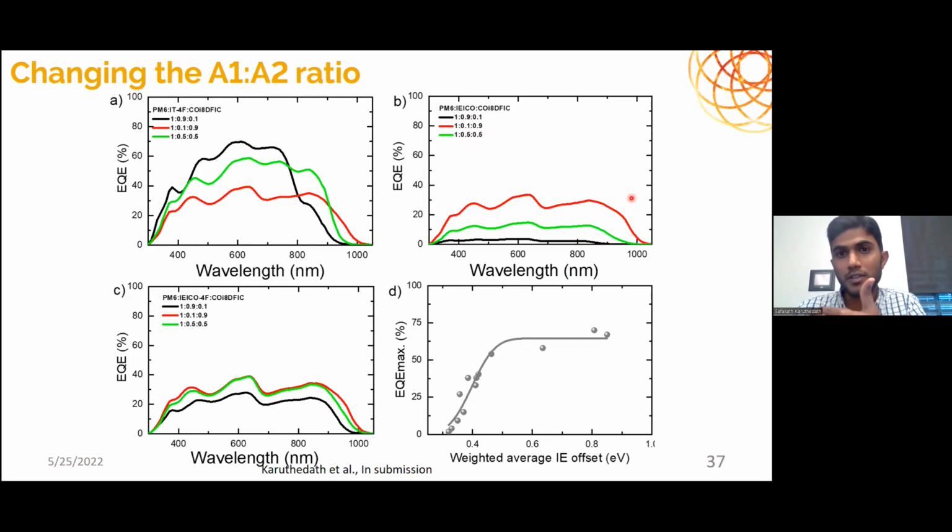So one could argue that, okay, IICO and Co-8 have a very similar absorption region, so maybe this improvement is coming from the Co-8 material itself.